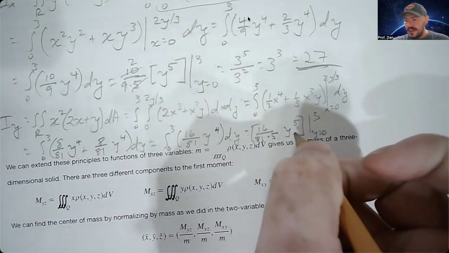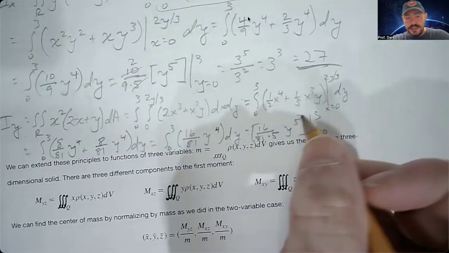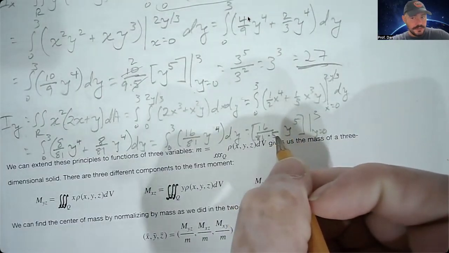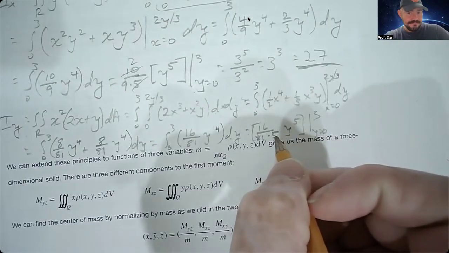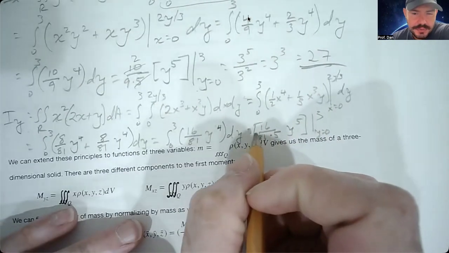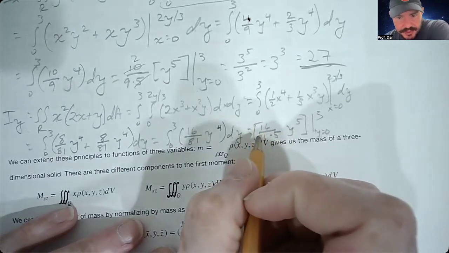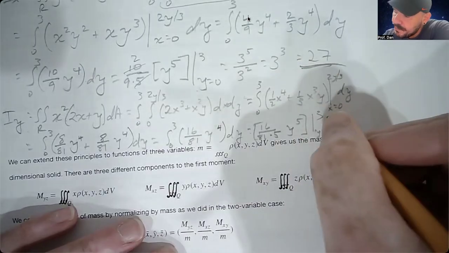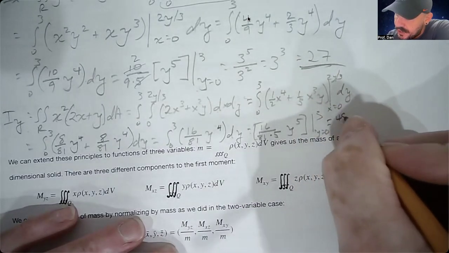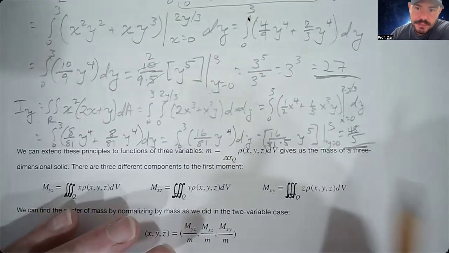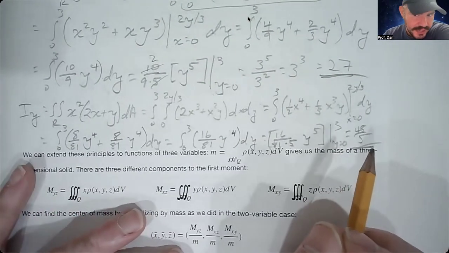So 3 to the 5 divided by 81. 81, remember, is 3 to the 4. So 3 to the 5 over 3 to the 4, well, that's just 3. Yep. So we end up getting 16 times 3 over 5, which gives us 48 fifths. And that's going to be the moment of inertia along the y-axis.